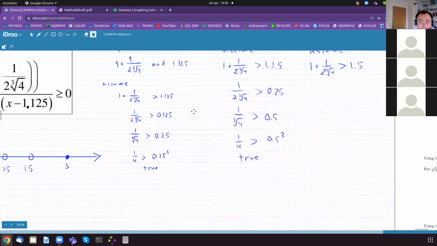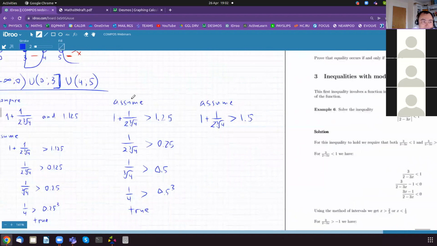So 1 over 2 cube root of 4 is greater than 0.5, and 1 over cube root of 4 is greater than 1. All right, we're getting somewhere. So 1/4 is greater than 1 cubed, which is not true.